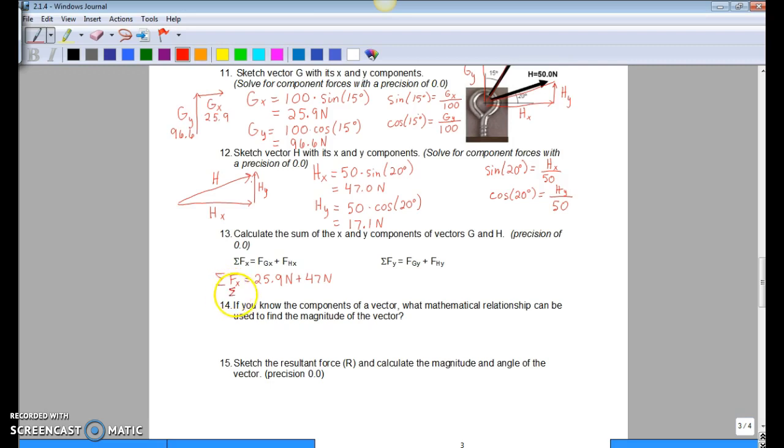So the sum of the forces in the x direction should be 72.9 newtons. Box that in. Sum of the forces in the y direction: g in the y direction is 96.6.